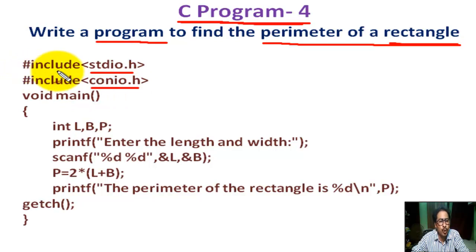Hash include within brackets stdio.h, hash include within brackets conio.h. Here all are small letters.